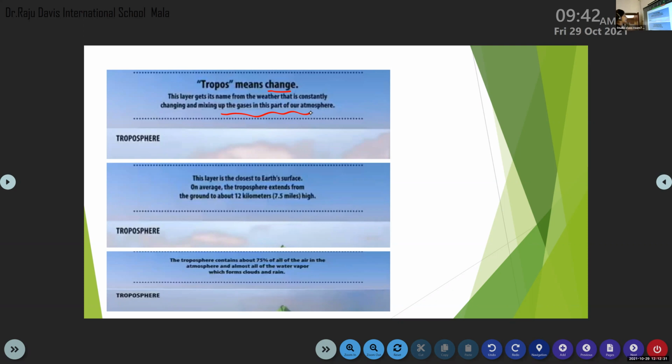This layer is closest to the Earth's surface, and it extends from the ground approximately 12 to 30 kilometers high.